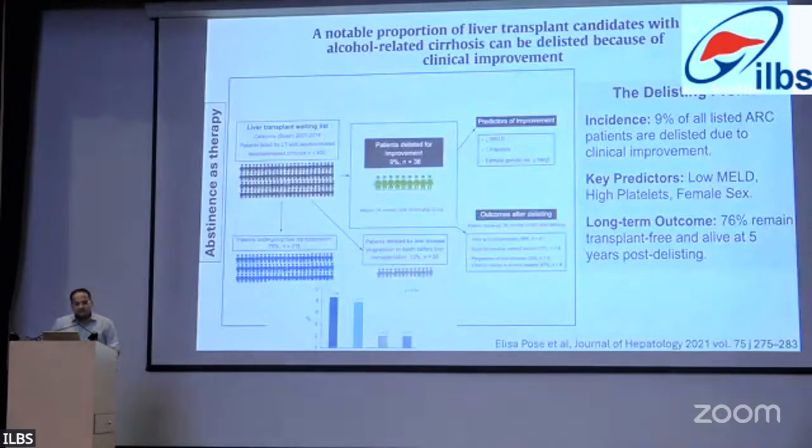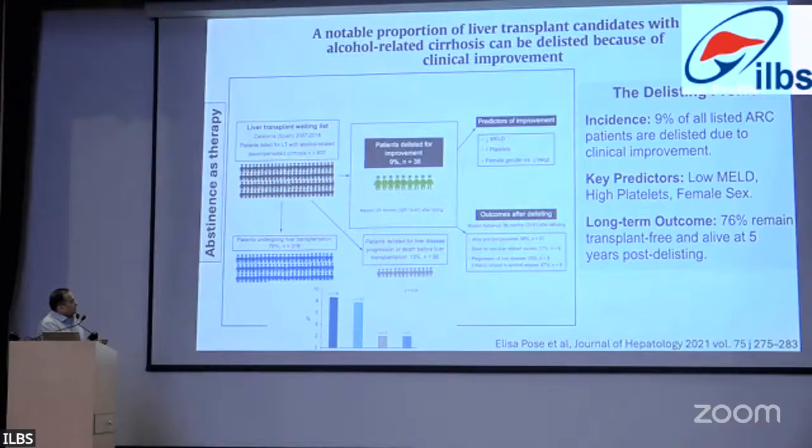And if you look at the patients on the transplant list, a significant number will fall out of the transplant need because of recompensation, or improvement in the liver disease to the extent that they don't need a transplant anymore. That was shown in the study to be around 9%.